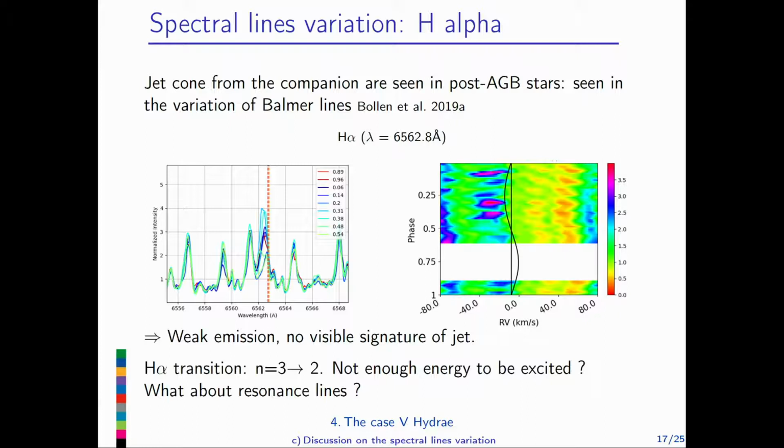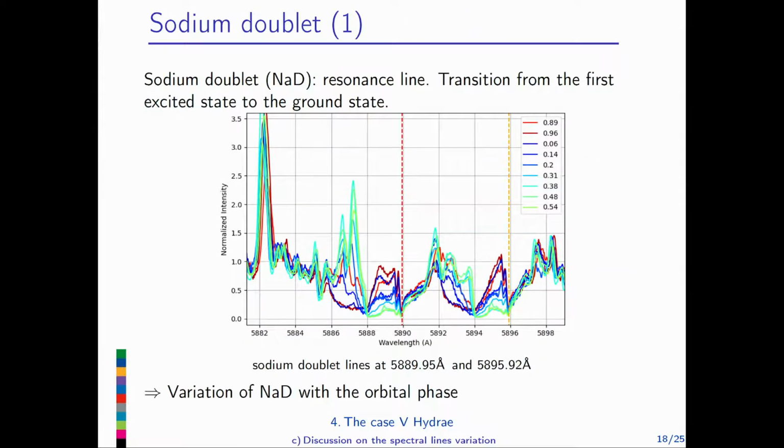So an idea was to look at the resonance line. A resonance line designates a line where you go from the first excited state to the ground state. So we need less energy to go to that kind of line, and therefore to see that kind of emission or transition. So one resonance line, for example, is the sodium doublet.